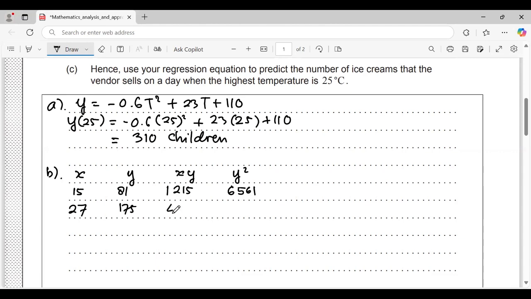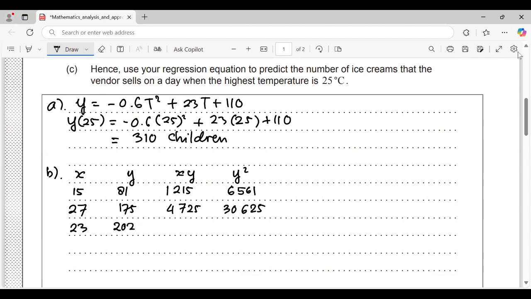This is 4725, it is 27 times 175. Y squared, 30,625. After that, 23, 200.